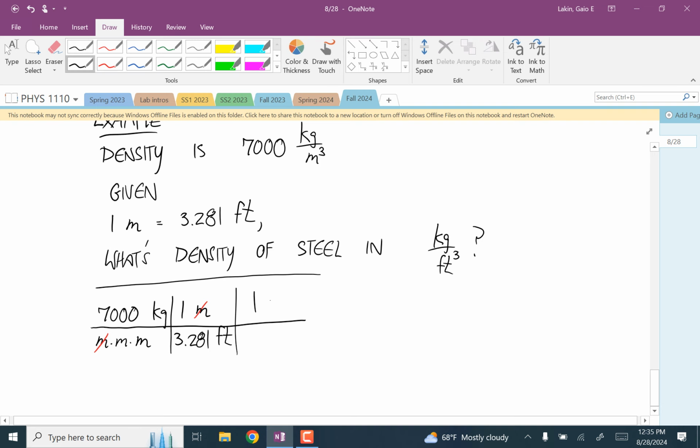Do it again. 1 meter over 3.281 feet. There's one left. So 1 meter over 3.281 feet.